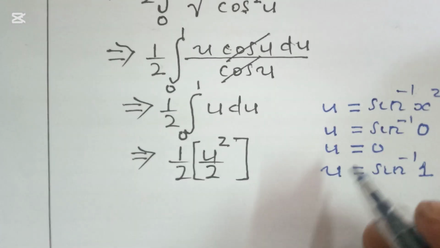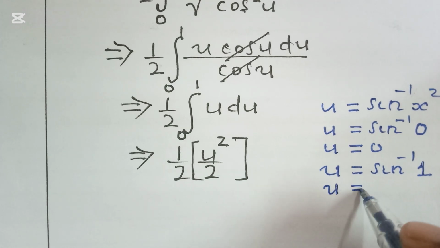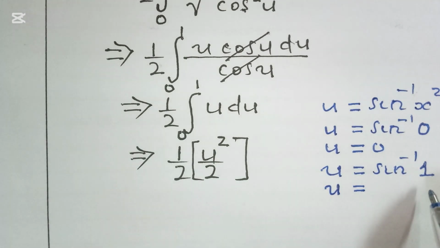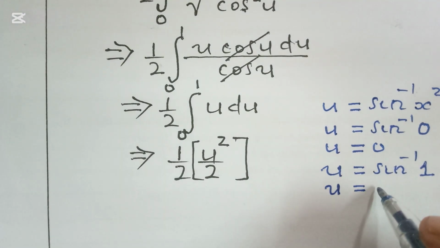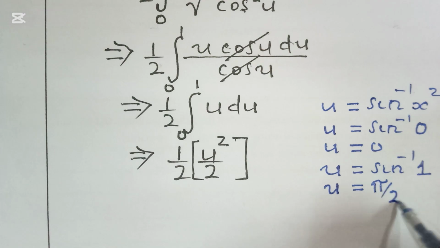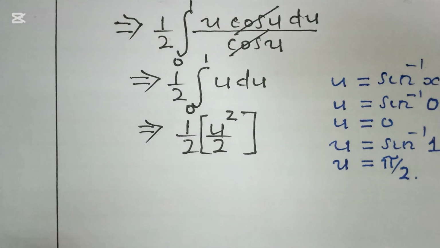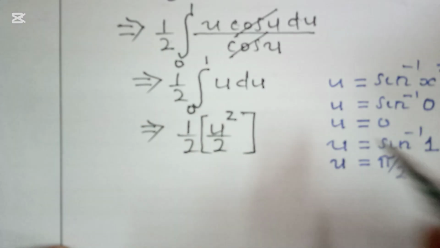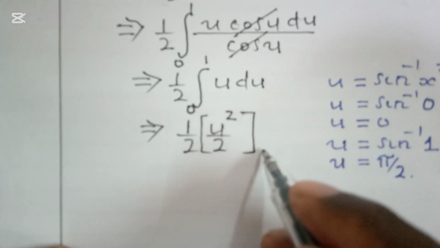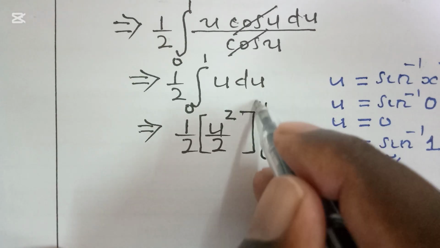The angle whose sine gives us 1 is actually pi over 2, that is 90 degrees. And so we write those limits here now: 0 will be 0, and 1 is going to be pi over 2.